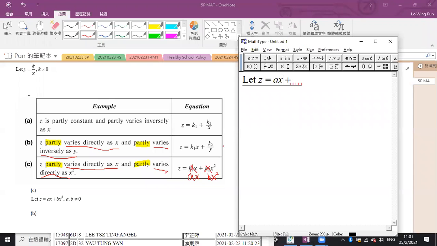So we will write the second part as a fraction, and normally it would be k over y, but we do not use k in this type of partial variation. We use a and b, and then over y because y is in inverse variation. Okay, and a and b are not equal to 0.